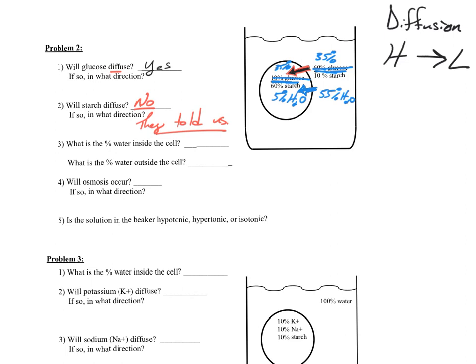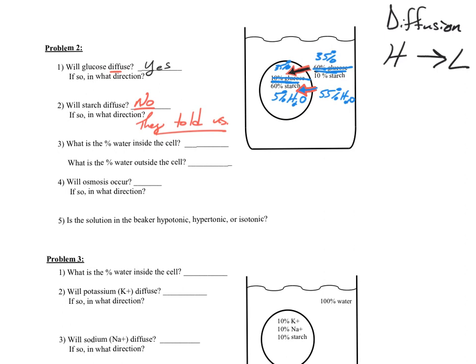Are we all in agreement here? Is there any issues here? Water's going to move in. What's that going to do to the cell as the water moves in? It's going to expand the cell. It could blow it up, unless it's a plant cell. I mean, it could rupture the cell membrane.